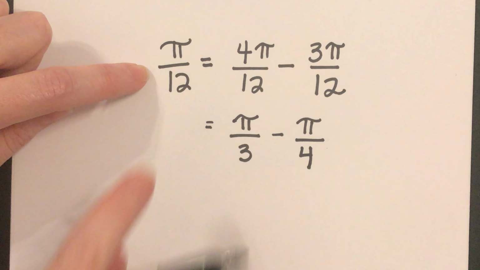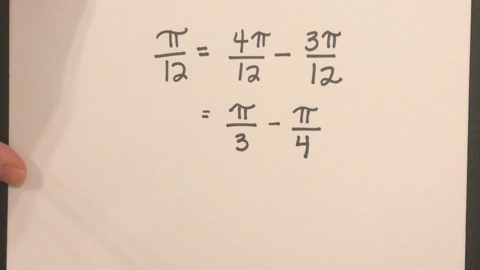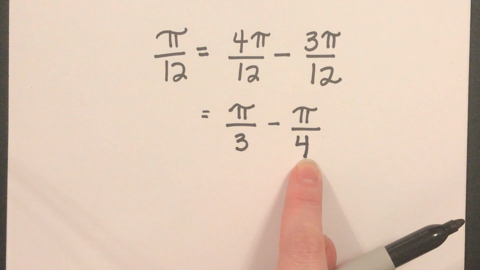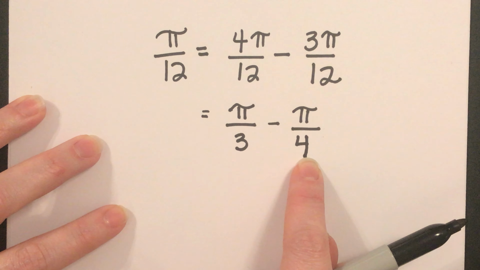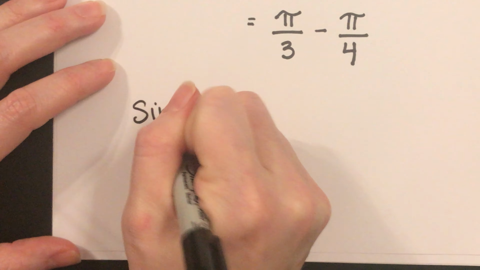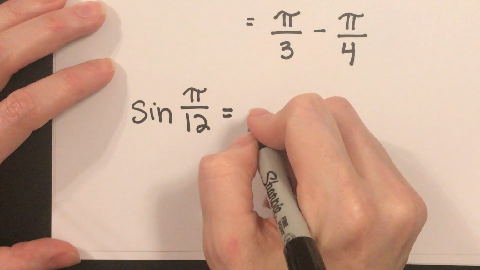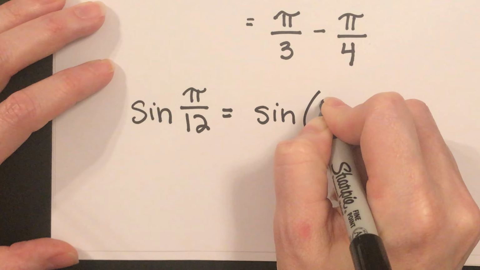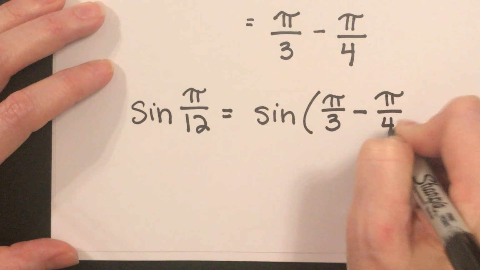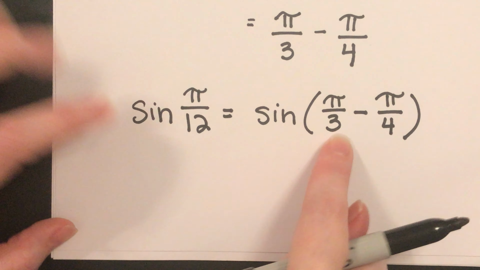So we're trying to make this angle into some form of what we can actually use on our unit circle. These are both on our unit circle, so we can use those. So now we know that the sine of pi over 12 is the same as the sine of pi over 3 minus pi over 4. So we can transform this into this.